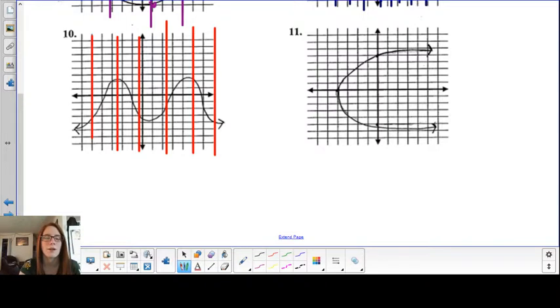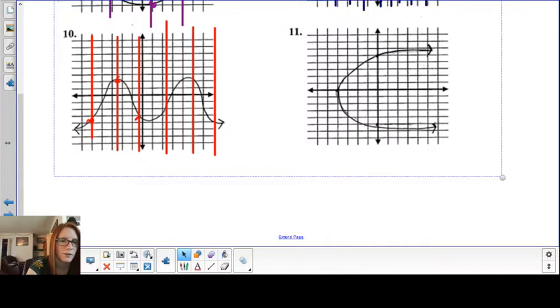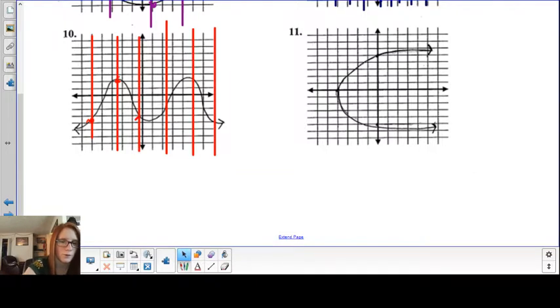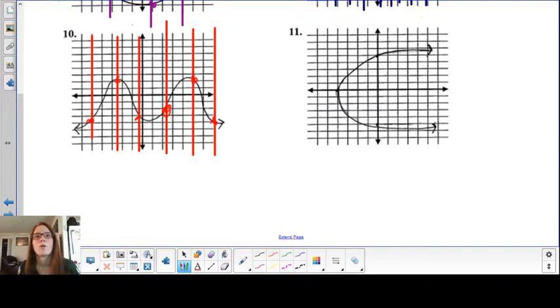Function or not a function? I'm drawing dots in here. Well, I'm only seeing it hit once. So in this case, this wave, I don't know what kind of a wave, but it's a wave, is a function.